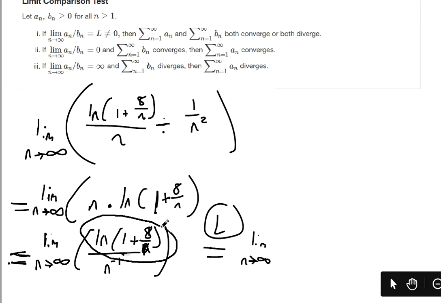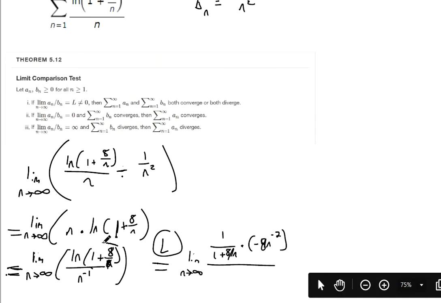When you take a derivative of the numerator, that's 1 over 1 plus 8 over n. And now we need to multiply that by the derivative of the innermost function, which is negative 8n to the negative second. And then the derivative of the denominator using L'Hopital's rule is negative n to the negative second.